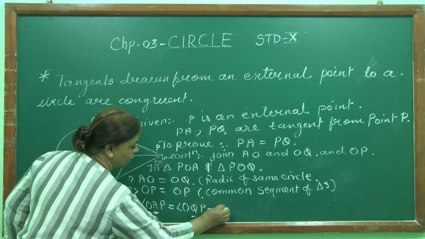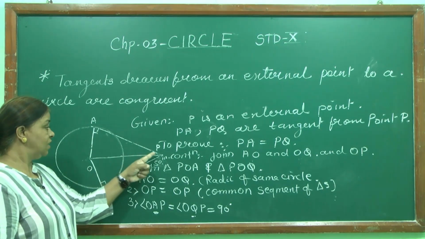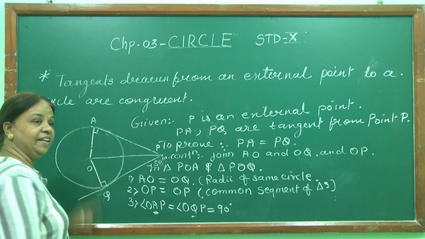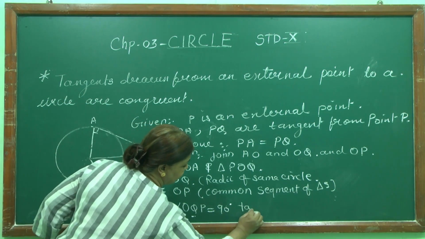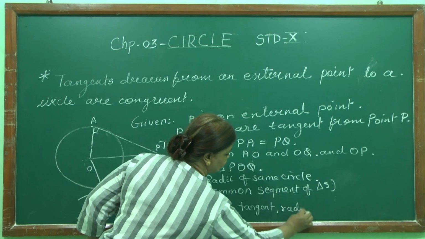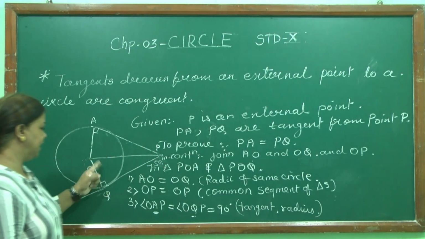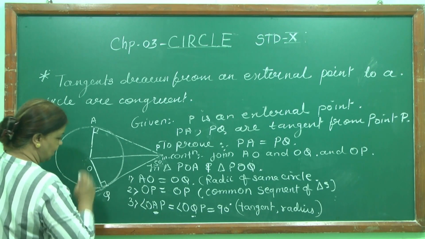Both are equal to what? 90 degree. And why they are 90 degree? Because this is the tangent and this is the radius. Tangent is perpendicular to the radius. So we got three things.